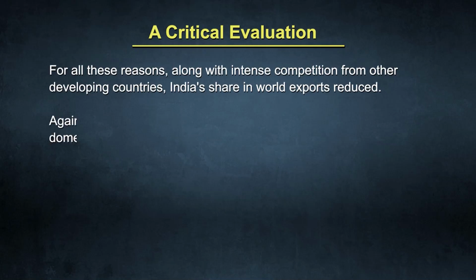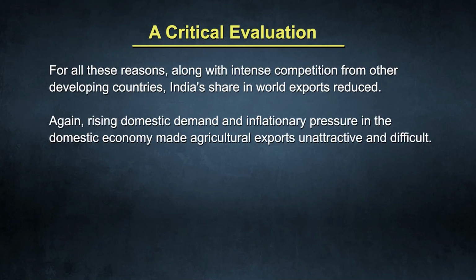Now, policymakers identifying these kinds of problems in primary product export basically gave their emphasis on the export promotion strategy on the manufacturing export. Again, rising domestic demand and the inflationary pressure in the domestic economy made the export unattractive and also difficult.